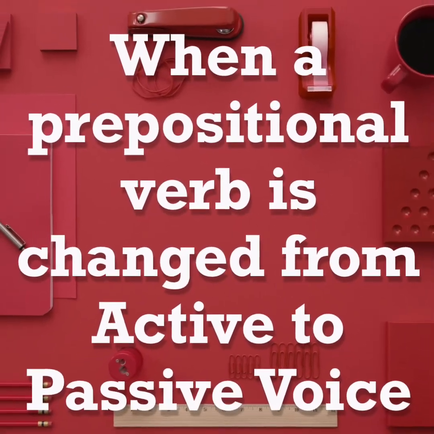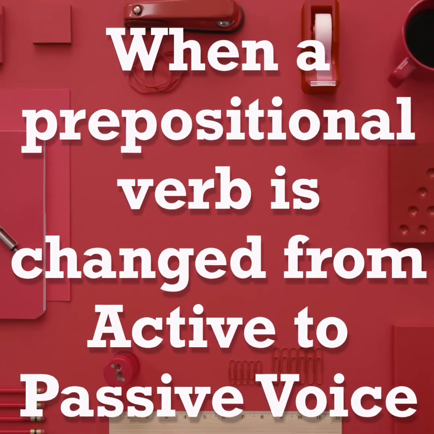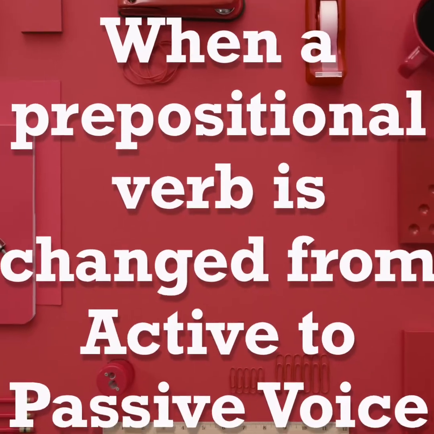The second case is when a prepositional verb is changed from active to passive voice, then the preposition should not be dropped, meaning should not be removed or deleted. It will be used as it is with the main verb.